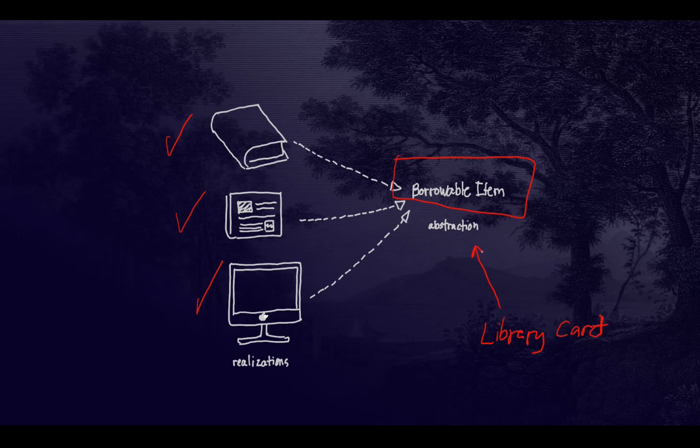And when they borrow them, they basically append this specific borrowable item to a library card, right? That's what happens when you borrow a book. Your library card becomes updated, saying these are the resources of the library that you have borrowed so far.